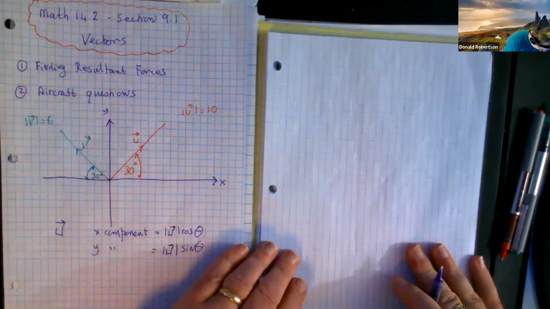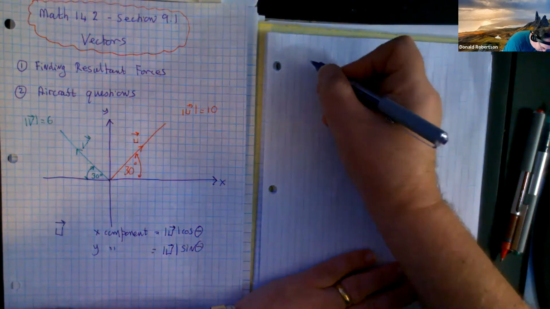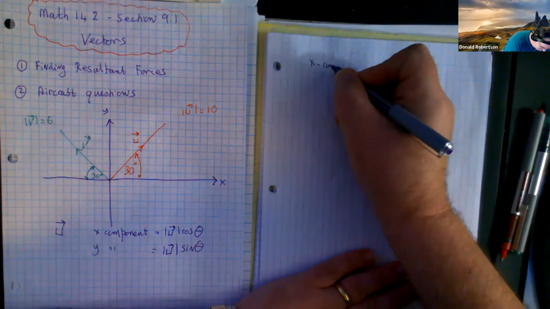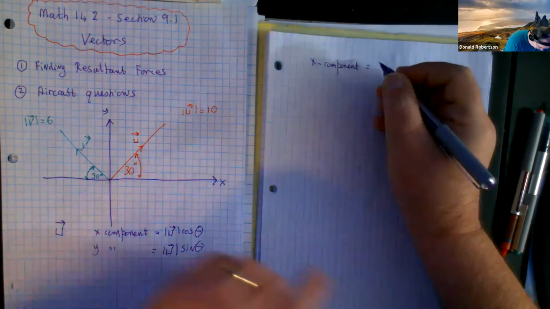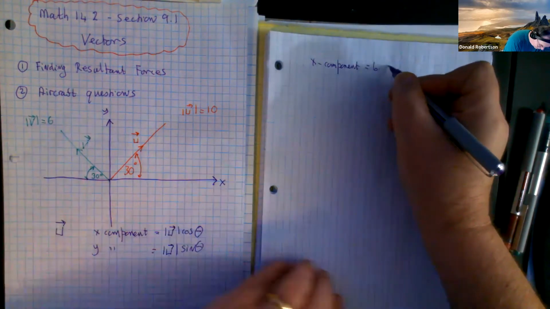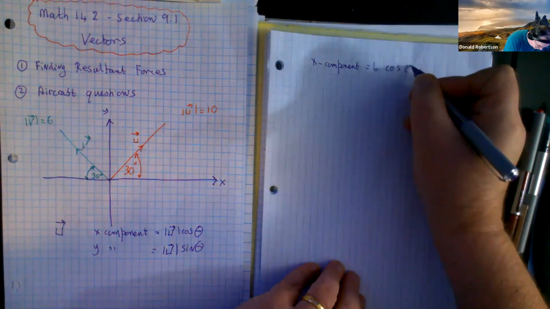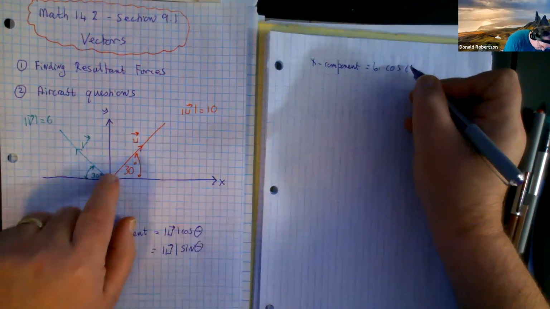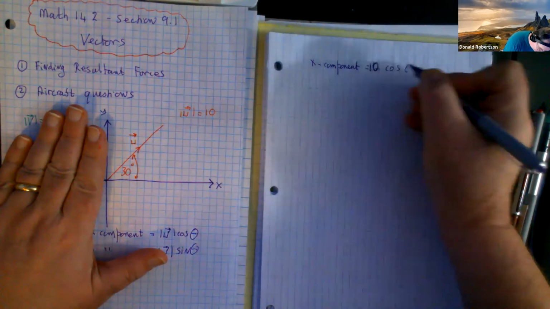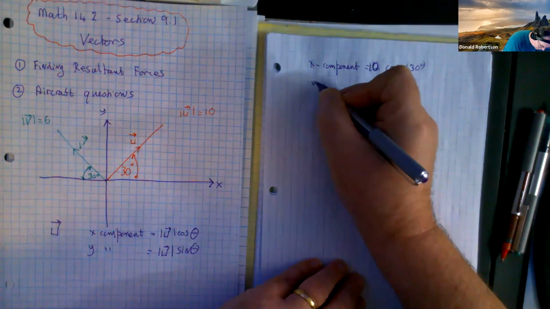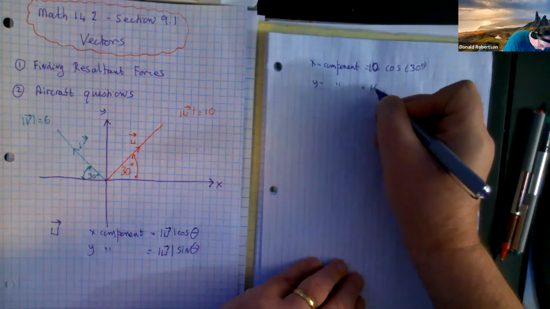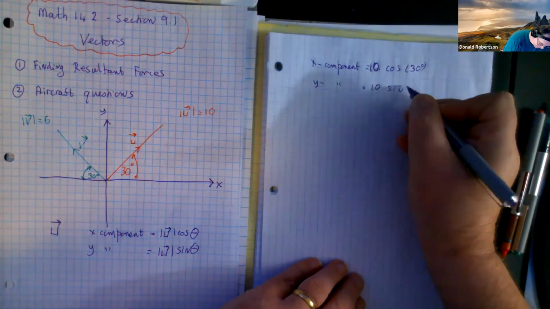So the x component is going to be, I'm saying 6, I'm looking at it wrong place, it's 10 times the cosine of 30 degrees. And the y component is going to be 10 times sine of 30 degrees.